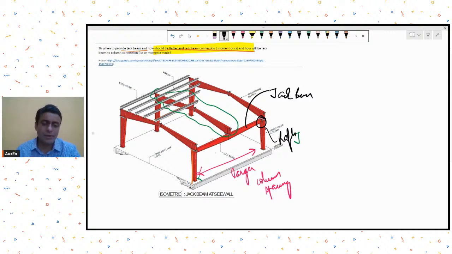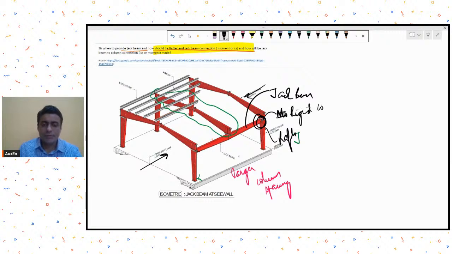But if you decide to make a simply supported connection, remember that for lateral loads, you will require some additional arrangement like elevation bracings. That may not be possible to provide over here, maybe at this location. So you may provide elevation bracing in the other bay just to stabilize the system, or you may provide a moment connection, a rigid connection over here.